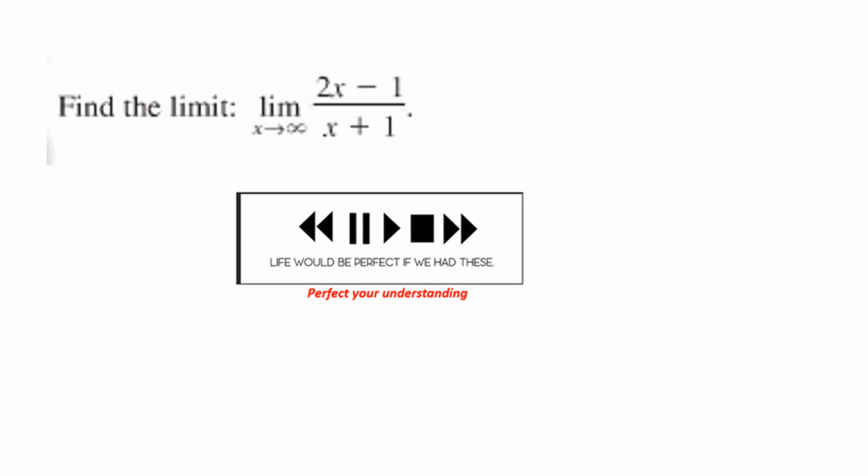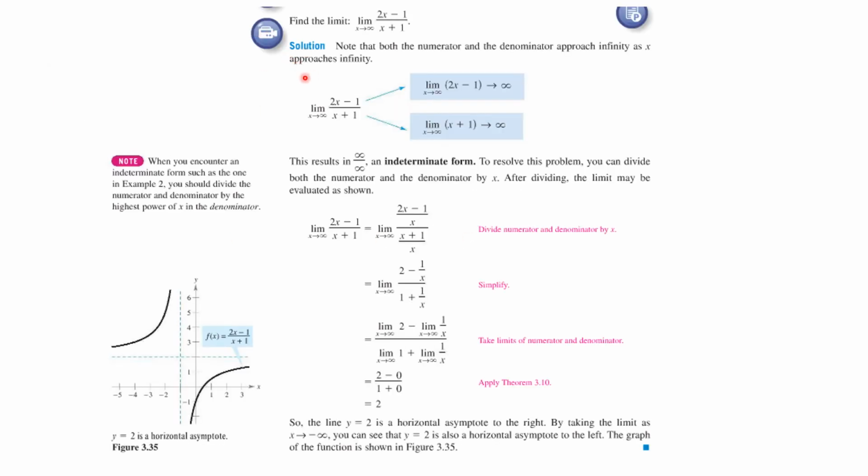Let's see how you did. Well, you can't just plug infinity in, because infinity isn't a real number, and you get an indeterminate form. Before we talked about 0 over 0 being an indeterminate form. Here, infinity over infinity is also an indeterminate form. But the technique that you can use here is you can divide top and bottom by the same thing, and we're dividing by x in each case.